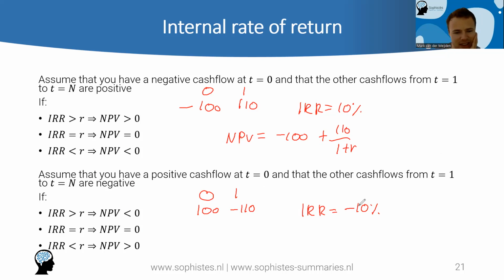I guess. I actually don't know. We can see. So 100 minus 110 divided by 1 plus R. Is this correct? Or is it still 10%? I think it's still 10%, right? Do you guys agree? Yeah, I think it's 10%. It's basically like you're borrowing 100 euro and you have to pay back 110. So basically you use an interest rate of 10%. So the IRR is 10%.